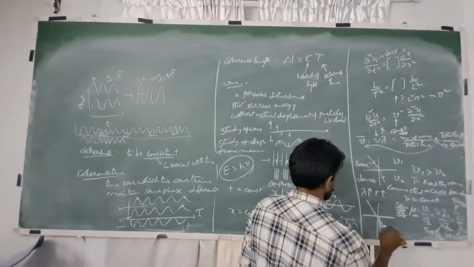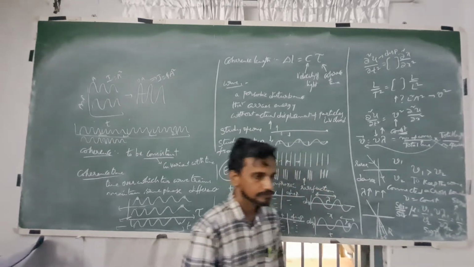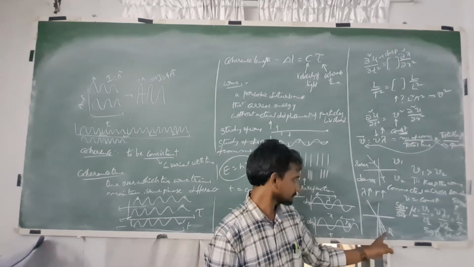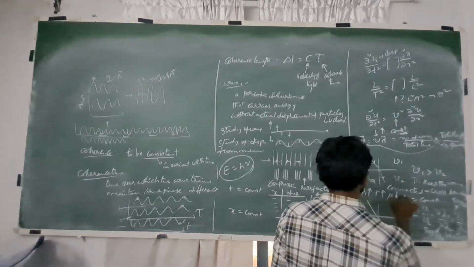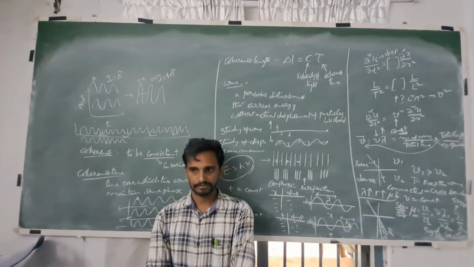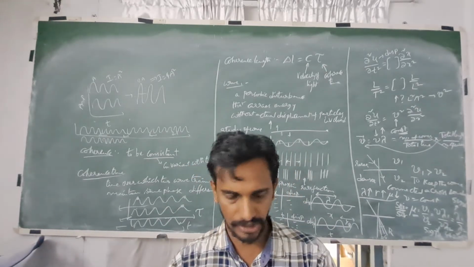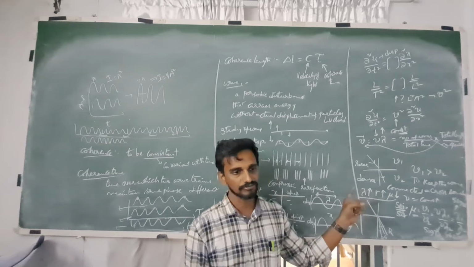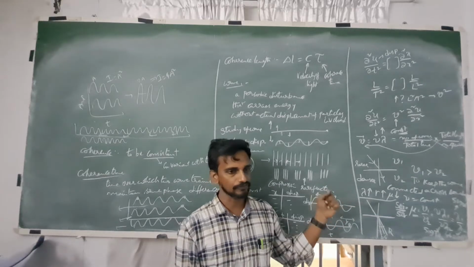Red has more angle of refraction than blue. More the wavelength, more is the angle of refraction, and less is the refractive index. So various colors have various refractive indices. You see clearly, different colors travel with different wavelengths, different velocities, and they get different angles of refraction and different refractive index.